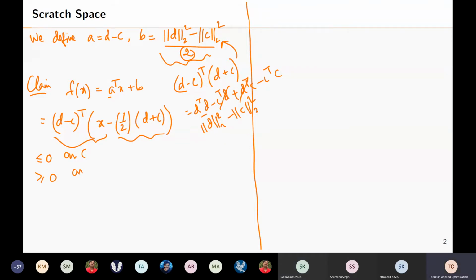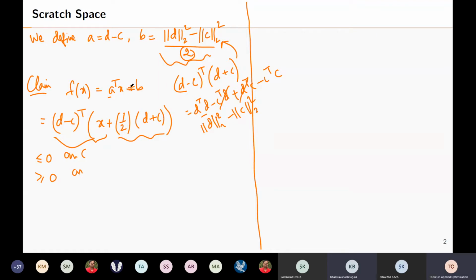Let us check again: D minus C and D transpose D, and then minus C transpose D plus D transpose D, and then minus C transpose C. There is no sign from there, and it seems to be plus. Then it will make sense.